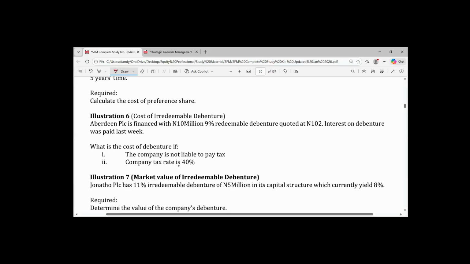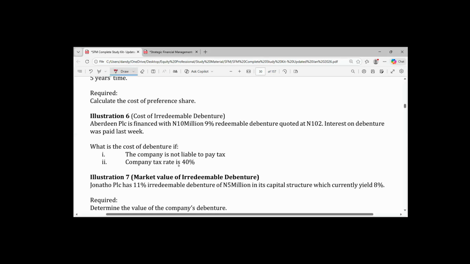We discussed that there are cumulative, non-cumulative, participating, non-participating, redeemable or irredeemable preference share. We spoke about redeemable and irredeemable preference share.